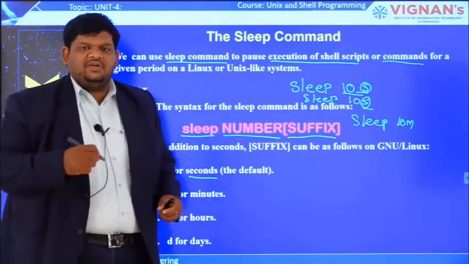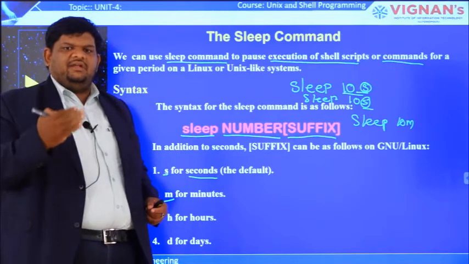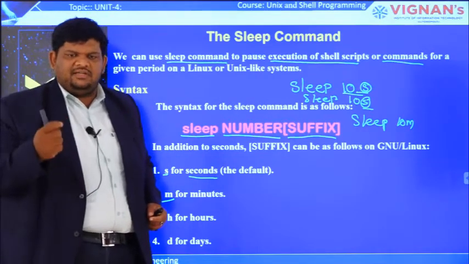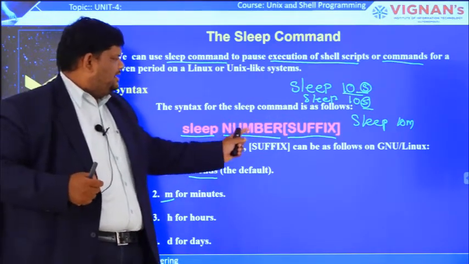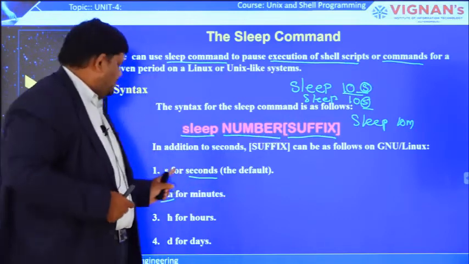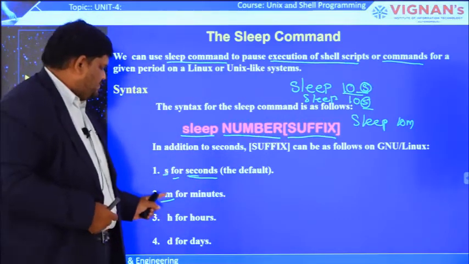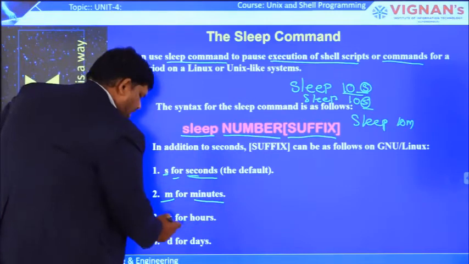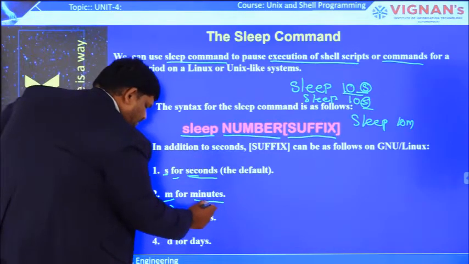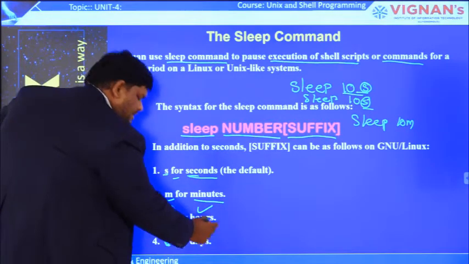Like that, based on the requirement, for whatever time we want to stop the execution, we have to mention it as a number with the help of a suffix. The small s indicates seconds, small m indicates minutes, small h indicates hours, and small d indicates days.